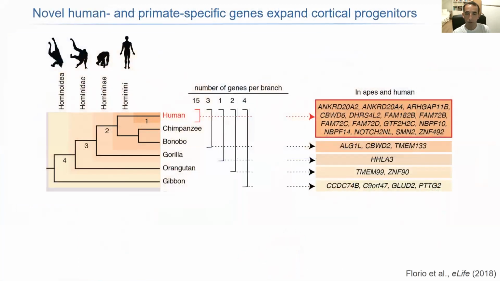So obviously we turn to genomics and to the evolution of genomes, and actually studies again from the lab of Wilhelm Huttner, and also a number of other labs, including Pierre Vanderhaeghen's lab in Belgium, have identified some genes that are human specific, that only exist in humans because they evolved very recently in human history.